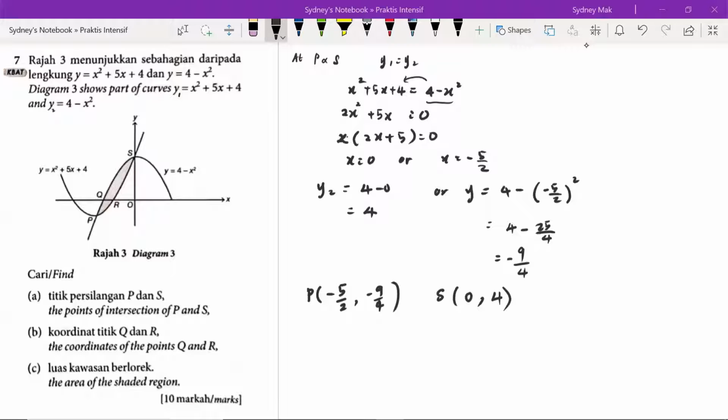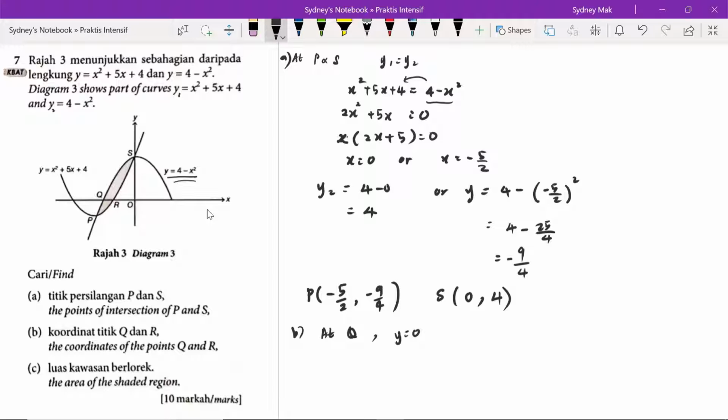Next, let's move on to part B, find the coordinates of the points Q and R. Q is on the x-axis, R is also on the x-axis. At point Q, we know that the y coordinate equals 0, and point Q falls onto the sad face curve.